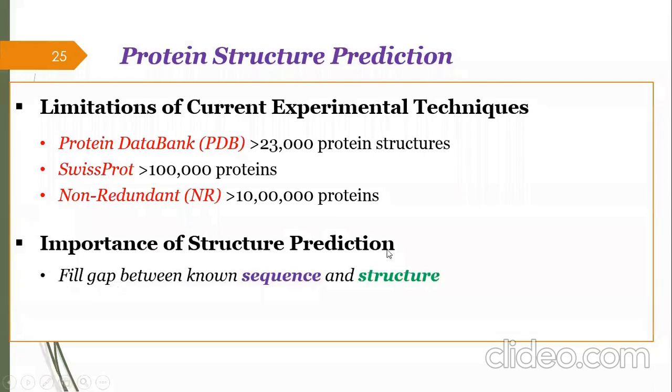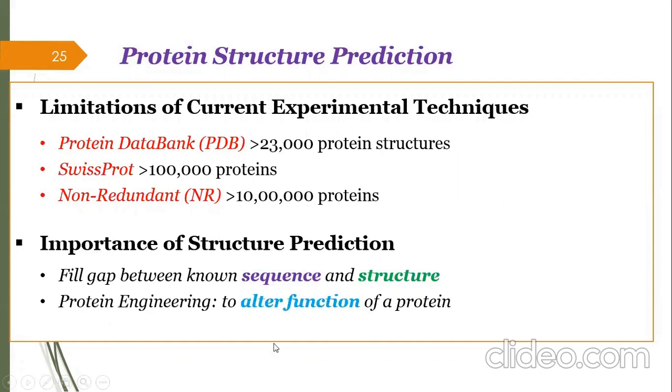So the importance of structure prediction is to fill the gap between sequence and structure. There lies a gap between the two, the sequence and the structure, and there is a need to fill it. For protein engineering, if we want to alter a protein structure, what will be the effect on the function?